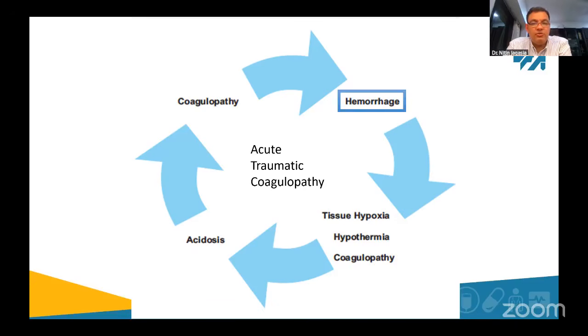So you've got hemorrhage, which leads to tissue hypoxia, hypothermia, again coagulopathy, which will lead to acidosis. Acidosis makes coagulopathy bad, and coagulopathy means you bleed more and you're hemorrhaging. So it keeps going round and round. If we want to stop this cycle, we have to stop all three things: coagulopathy, acidosis, and hypothermia.